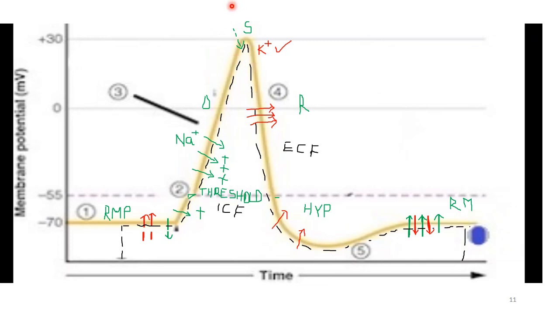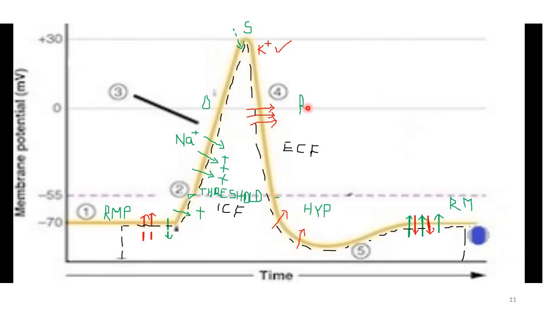This inactivation of sodium channels is responsible for the peak of the action potential, and the potassium channels open and gradually increase in opening.